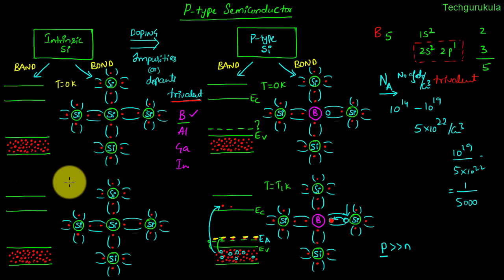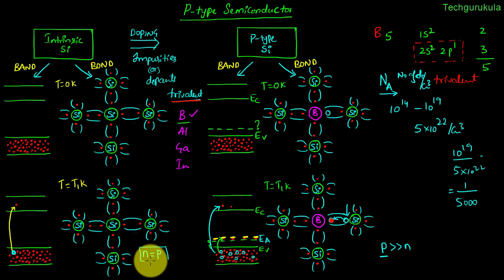Just for comparison's sake, let me take the intrinsic semiconductor at T equals T1 Kelvin. When we increase the temperature in an intrinsic semiconductor, we know some of the electrons would get enough energy to go to the conduction band. So we'll have electrons in the conduction band, which would leave empty states, which we call holes, in the valence band. And the number of electrons present in the conduction band would be equal to the number of holes in the valence band for an intrinsic semiconductor.